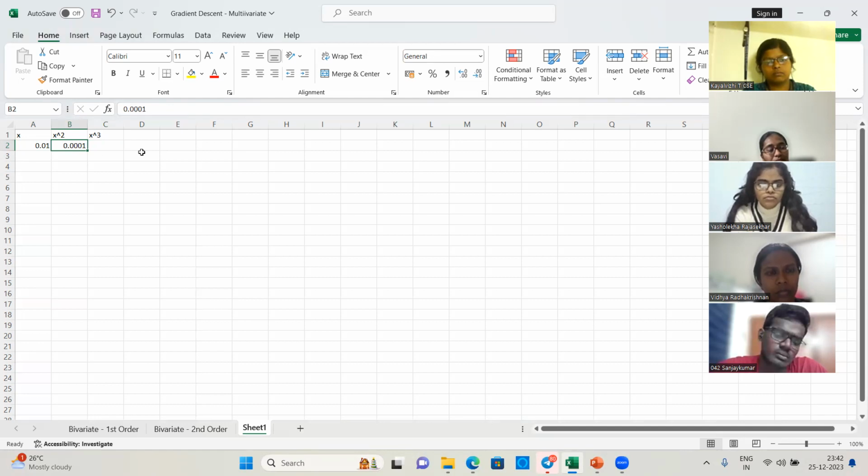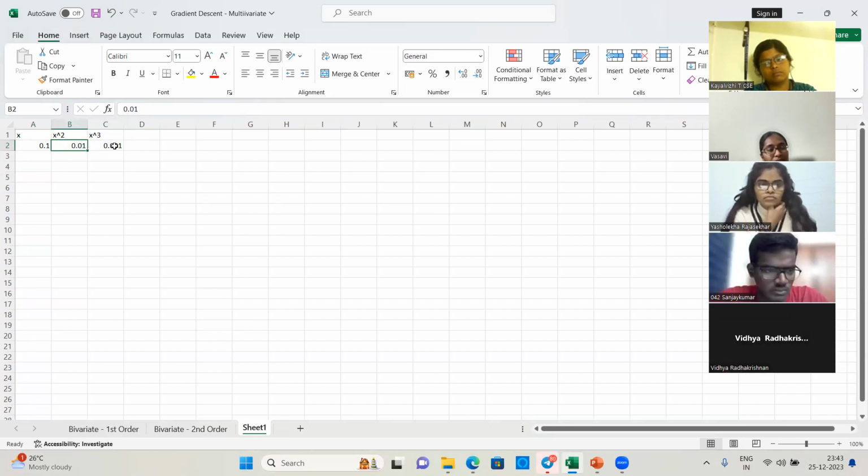No, I'm right. Or let me make it simple: 0.1, 0.01, 0.001. So don't you see that with every progressive step, I'm bringing this down by a factor of 0.1, isn't it? So if I make some progress here, let's say this whole expression I'm multiplying by the number 10 throughout.